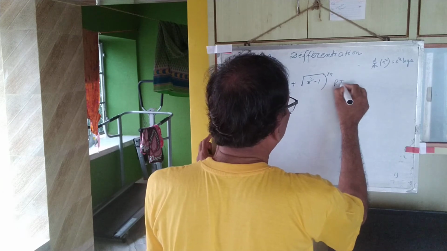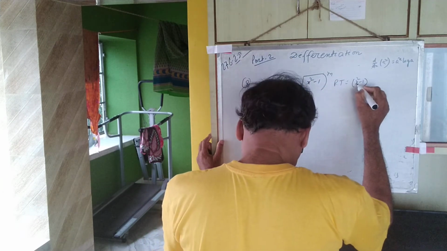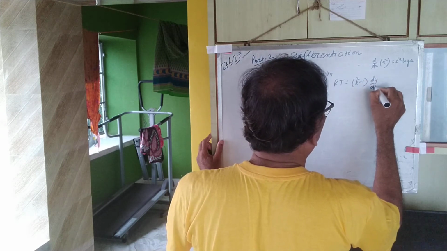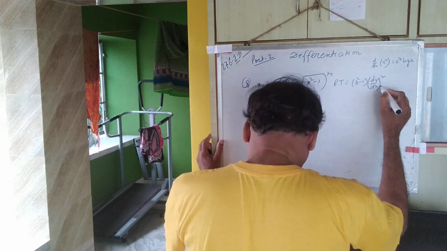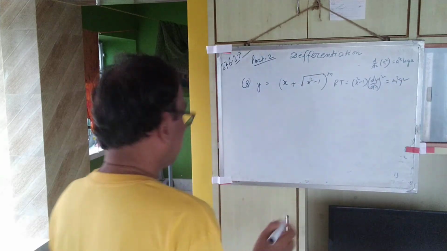Prove that ((x square minus 1) dy by dx) whole square equals to m square y square. This is a very good sum.